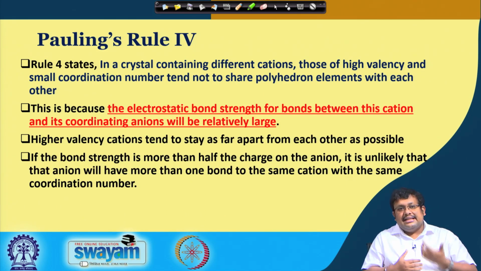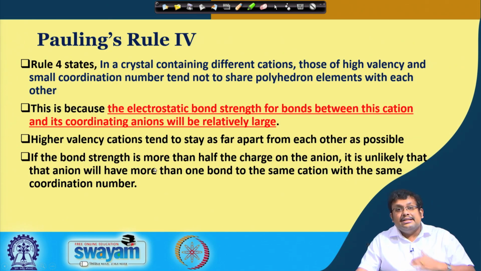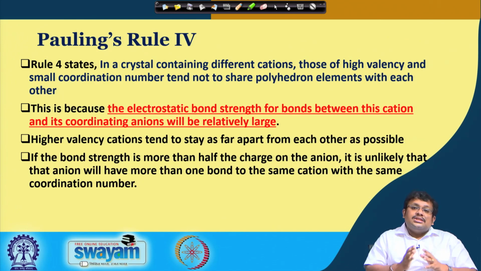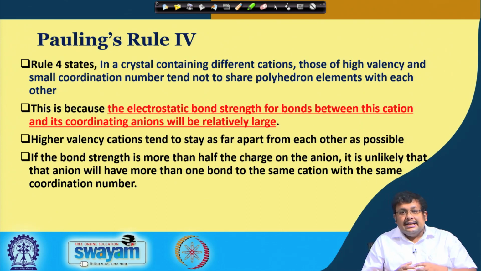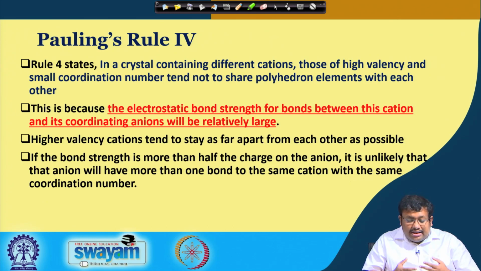So, obviously, higher valency cation tends to stay as far apart from others as possible. Now, remember that if the bond strength is more than half of the charge of the anion, it is unlikely that the anion will have more than one bond to the same cation with the same coordination number. So, this is our Pauling's rule 4.